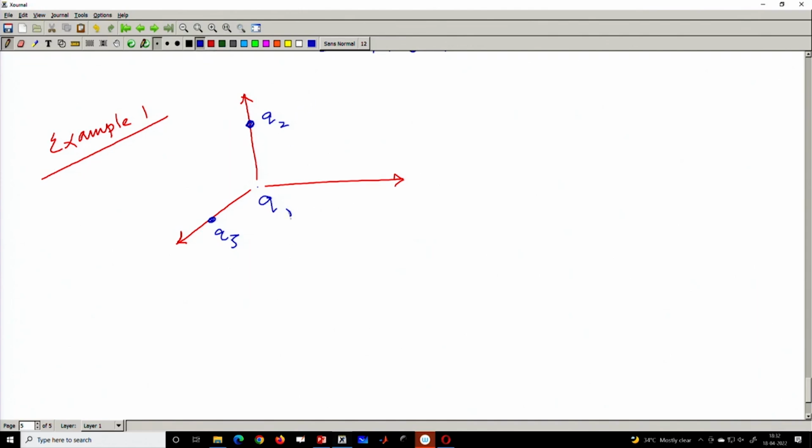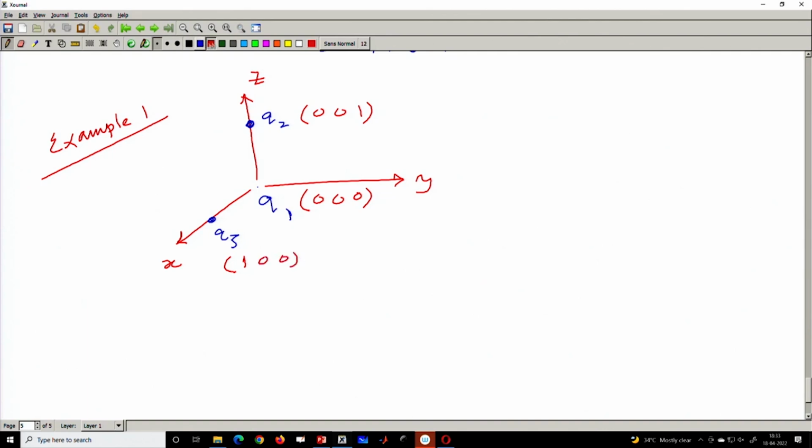The locations of these points are given. For q1, the coordinate is 0 0 0. If this is my x axis, this is my y axis and this is my z axis, then q2 is at 0 0 1, and the coordinate of q3 is on the x axis, so this is 1 0 0.